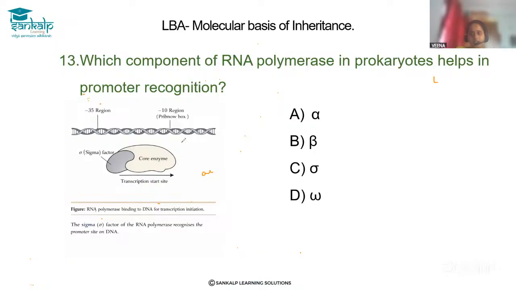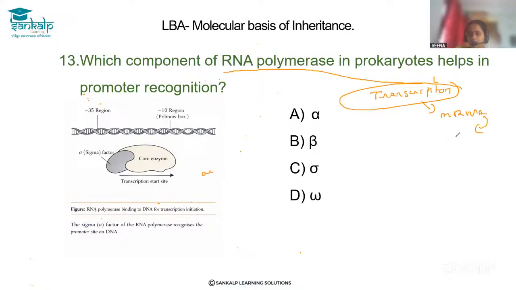So dear student, they are asking which part of RNA polymerase in prokaryotes helps in recognition of the promoter region. So this is in the case of the transcription process. Okay, so you know the meaning of transcription: synthesis of mRNA from the DNA, right? From the DNA, they are synthesizing the mRNA, right?